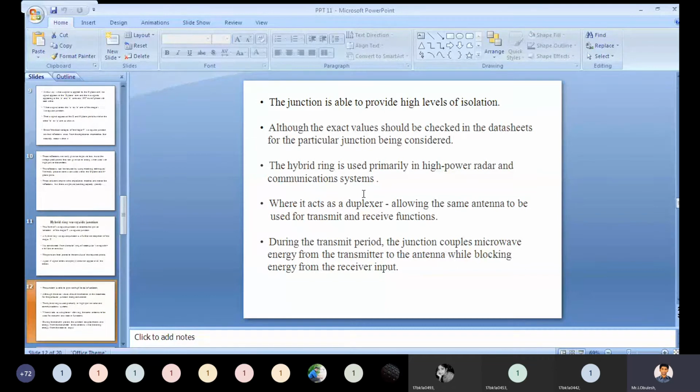You need to remember that. If the transmit period is going on, the junction couples microwave energy from the transmitter to the antenna, and you need to block the energy from the receiver input. Just remember that point.